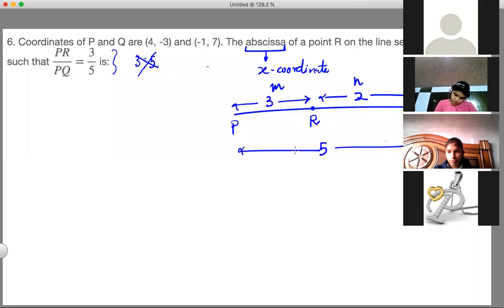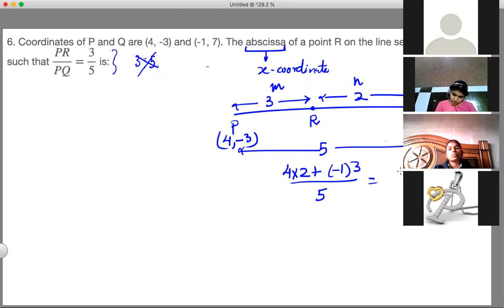Okay, so now write the coordinates of R. Now there is no difficulty. This is 4, minus 3, and this is minus 1, 7. So we only have to write the abscissa of R. So what will we write? 2 into 4 plus minus 1 into 3 by 5, which is 8 minus 3 by 5, which is 1. So the abscissa is 1.